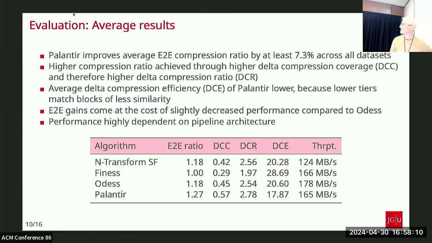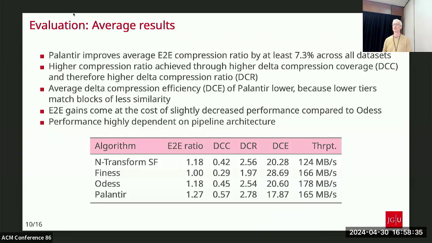And we compared and more or less averaged everything to Finesse, which has had the worst compression ratio. And we see that compared to Finesse, we can really improve by 27% average over all data sets. And compared to N-Transform and ODES, which have a pretty good compression ratio, we can still improve by more than 7%.